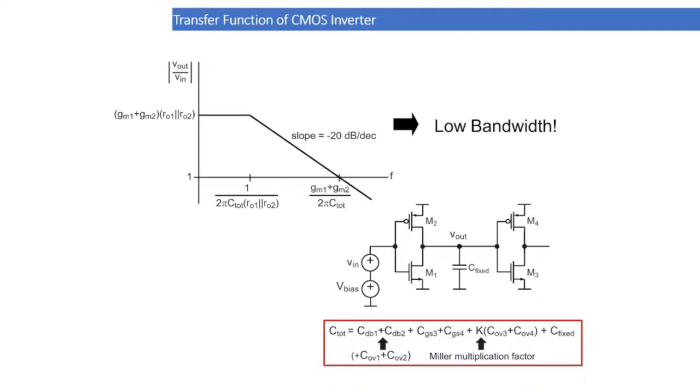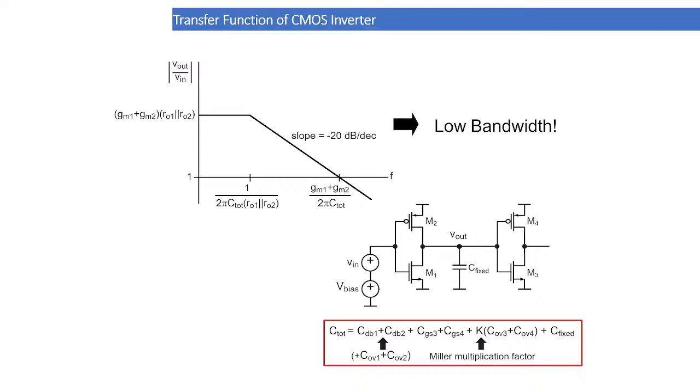The maximum value in the saturation will go to (GM1 plus GM2) into (R01 parallel R02). That will be the maximum value that we have seen in the last class. That will gradually decrease after we reach the frequency 1 upon 2 pi C total into (R01 parallel R02).